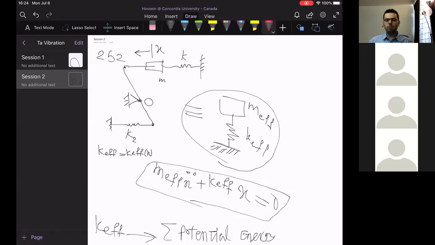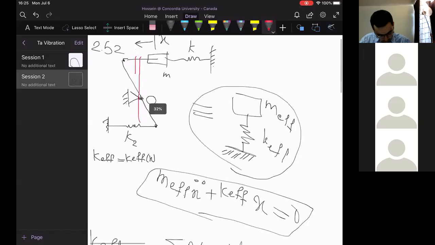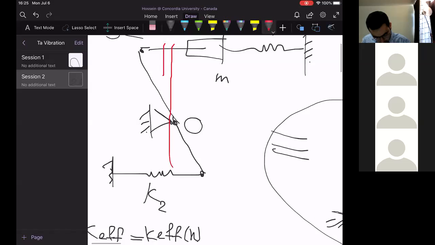Since we are asked to derive effective stiffness in terms of x, we try to relate any rotational movement of any link into a linear displacement. So here, what we can do, we could draw this line, and if I call this angle theta, this would be also theta, right?